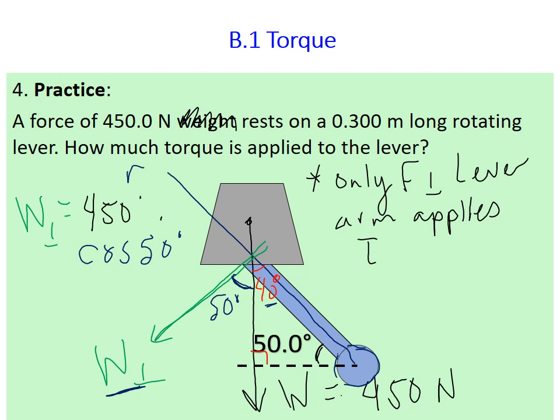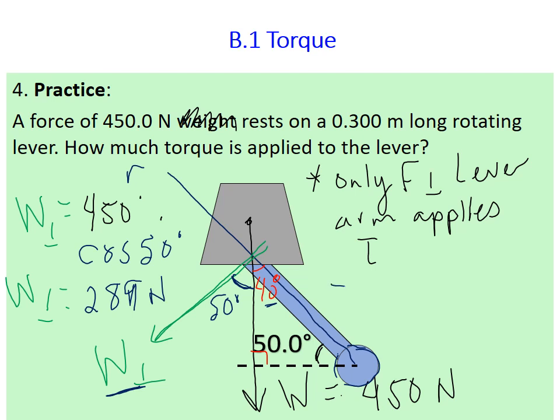So I get that the perpendicular component of weight is 289 newtons. Now this is the maximum torque applied by the weight.